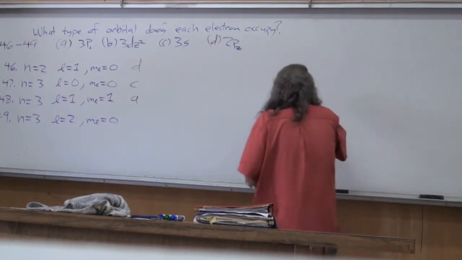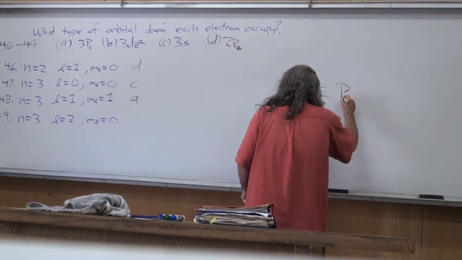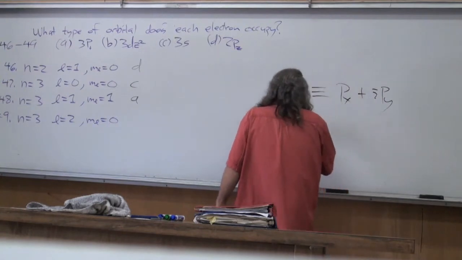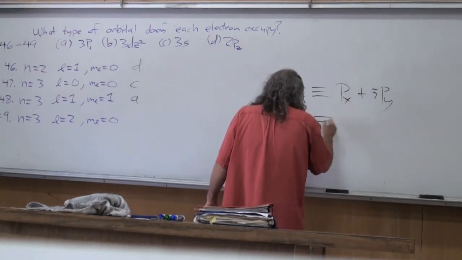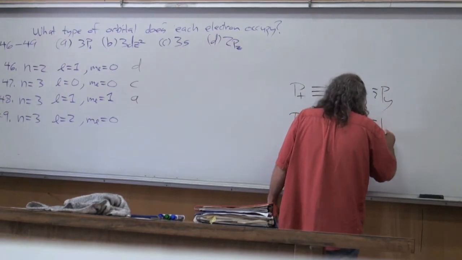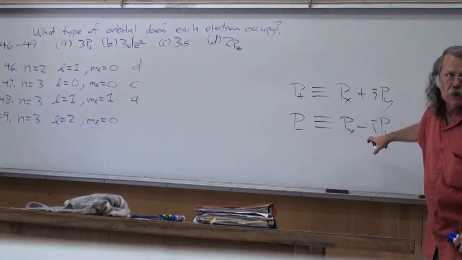And instead we have p plus, which is defined as px plus i py, and p minus, which is defined as px minus i py, where i is the root of imaginary numbers.